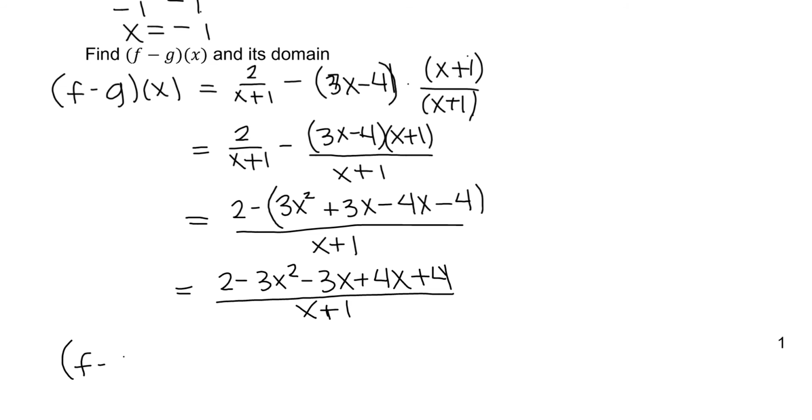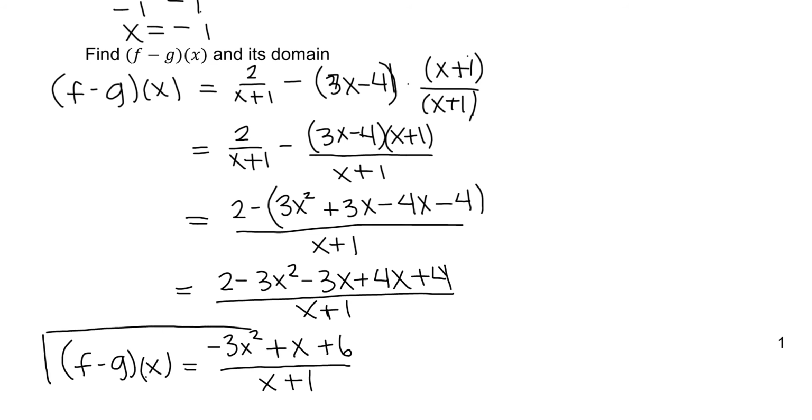So f minus g of x equals negative 3x squared, negative 3x plus 4x is x, plus x, then 2 plus 4 is 6, plus 6 all over x plus 1. So this is my answer when I subtract my two functions.